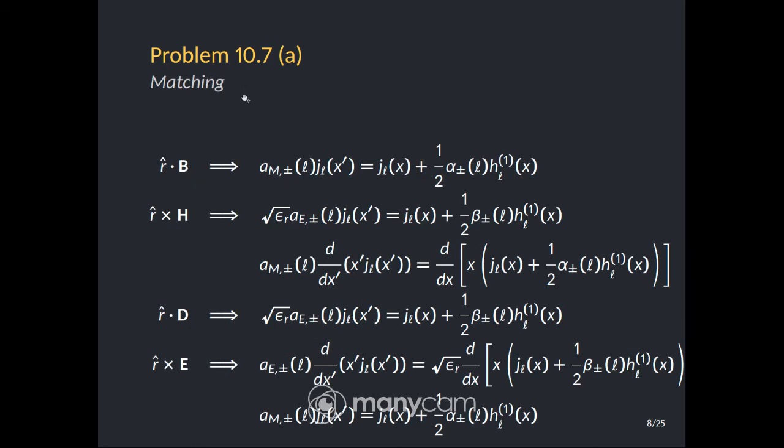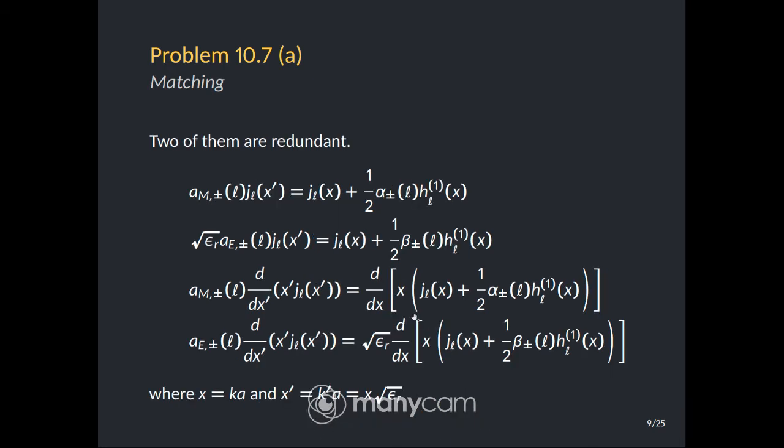Now we match the boundary conditions. For the continuous normal B field, we get A_M times j_l of x prime is equal to j_l plus 1/2 times alpha h1. For the continuous tangential H field, we get these two equations. For the normal D field, these boundary conditions are repeated, and for the tangential E field, the second boundary condition is repeated.